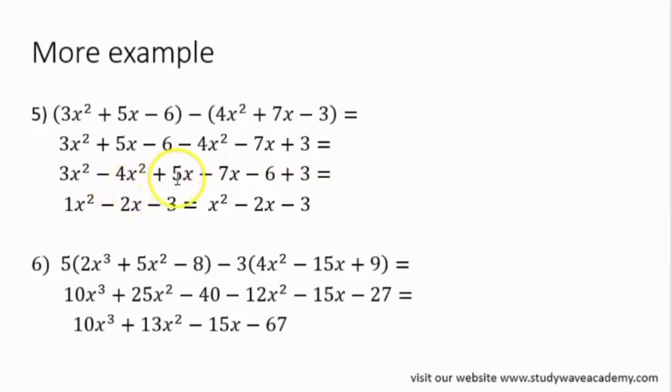Then 5x squared minus 7x squared is going to give us minus 2x squared. This is a plus sign and this is a minus sign, so remember it will give us negative. Then the next one is minus 6 plus 3, which will give us minus 3. So our answer is minus x squared minus 2x squared minus 3.